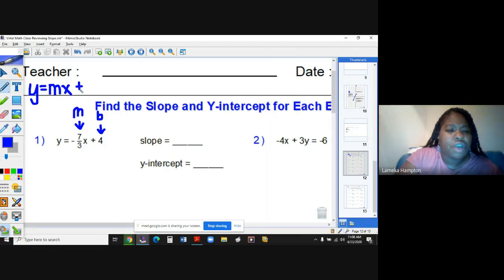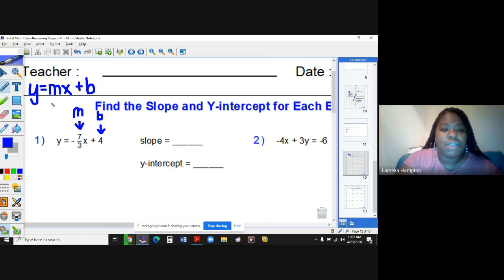Now, we talked about, I believe it was on Tuesday or Wednesday, I cannot remember, but please feel free to watch the playbacks all this week on slope because I honestly can't remember. But we talked about how this is the format that you want when you are identifying slope and y-intercept, simply because it is easier to identify.